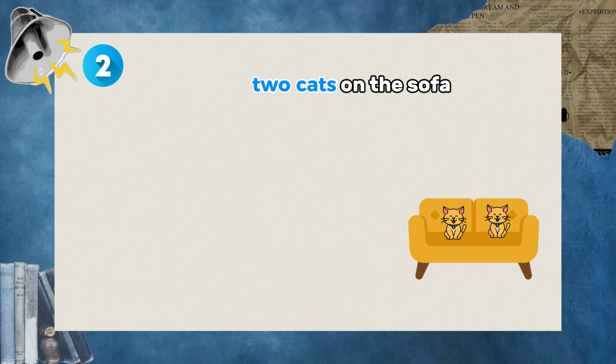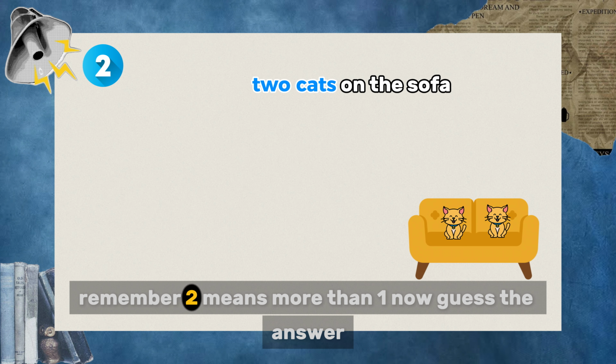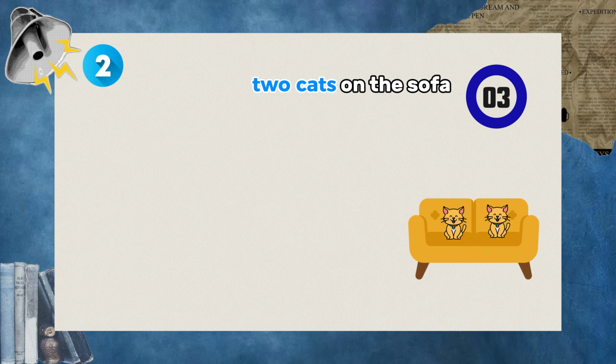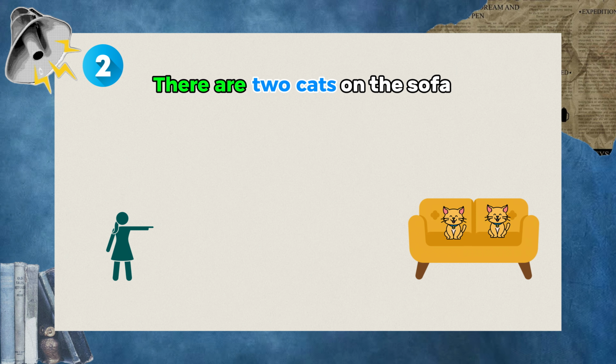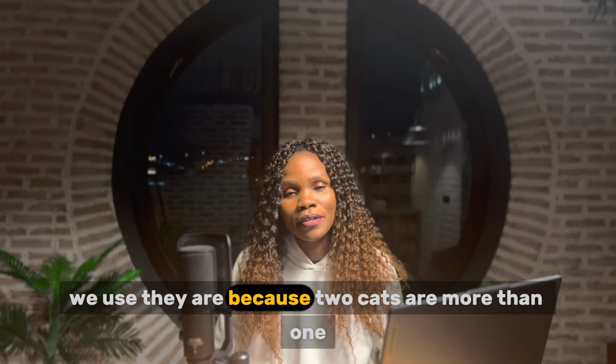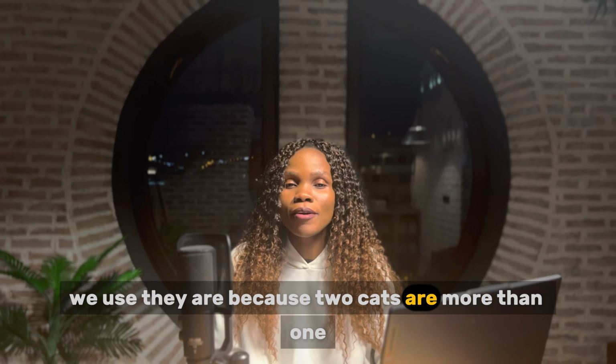Number 2, two cats on the sofa. Remember, two means more than one. Now guess the answer. That's right. There are two cats on the sofa. We use there are because two cats are more than one.